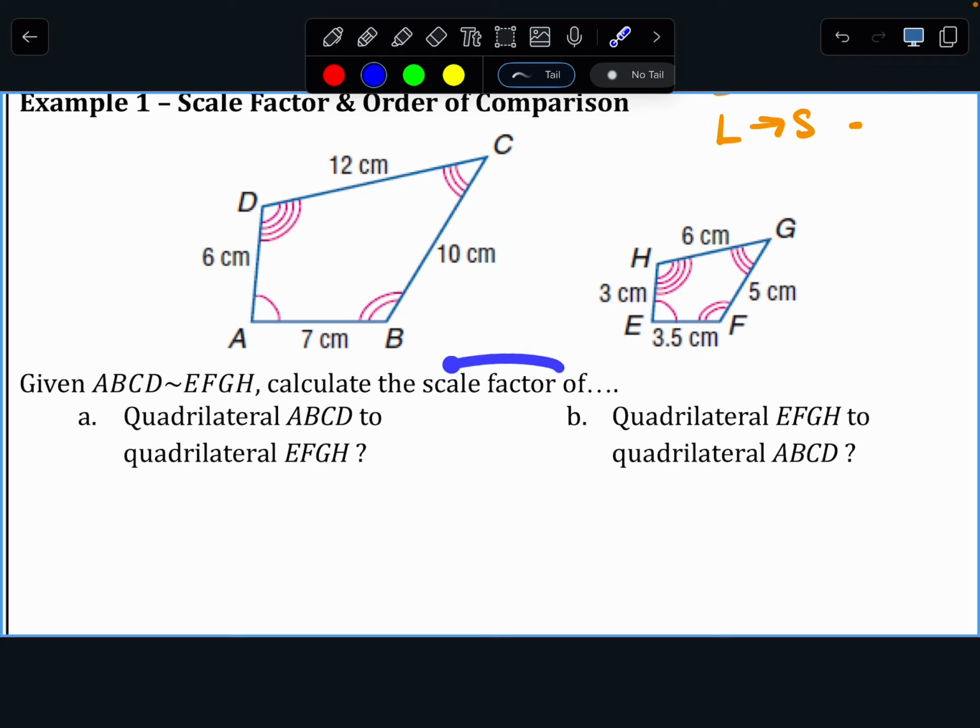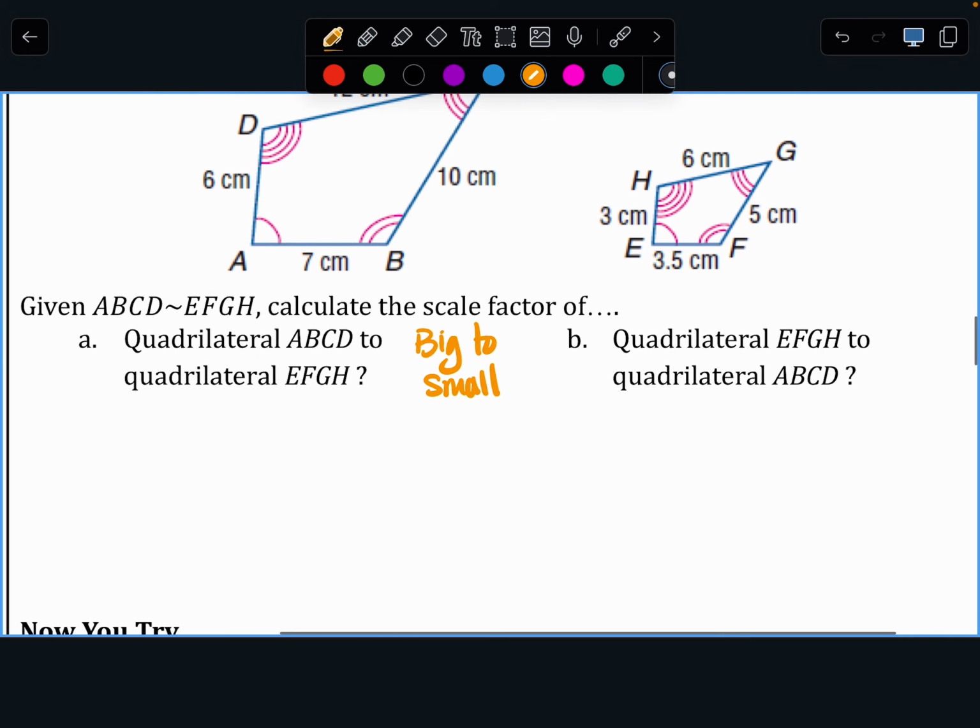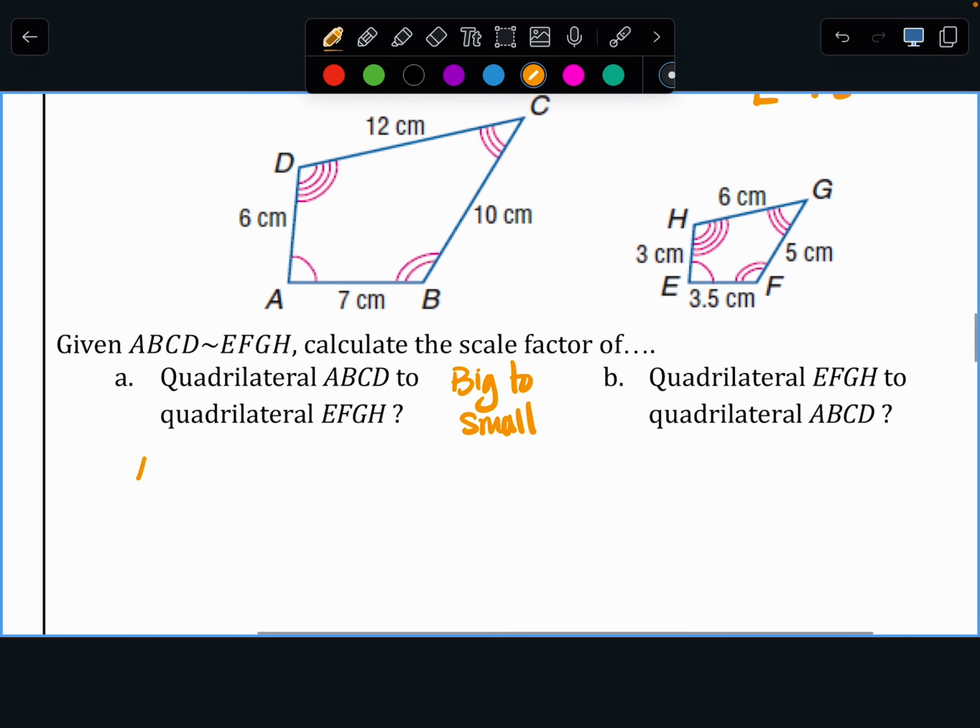Now I want to know the scale factor based on size. So comparing big to small, I'm going to pick AD, which is the first and last letter, which means I have to compare it to EH.